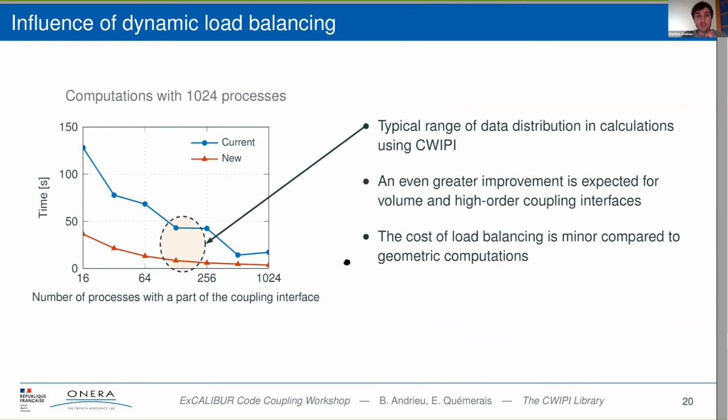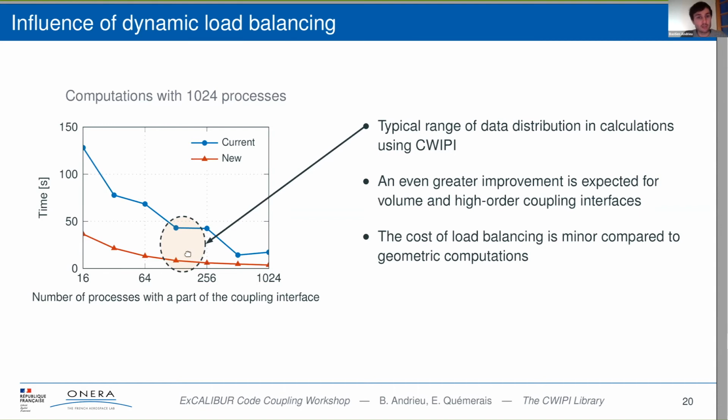Regarding the influence of dynamic load balancing, we can see that it is quite dramatic, because the new implementation can be about 6 times faster than the current one in the typical range of data distribution in calculations that are usually run using CWIPI.